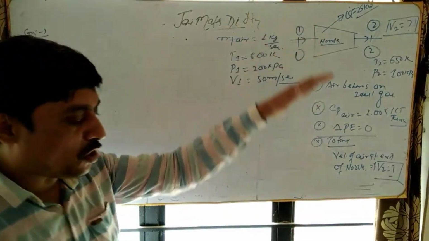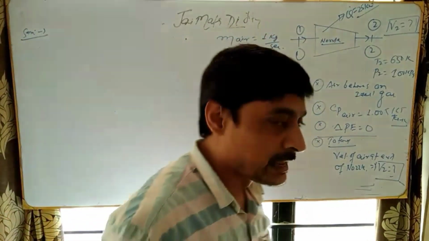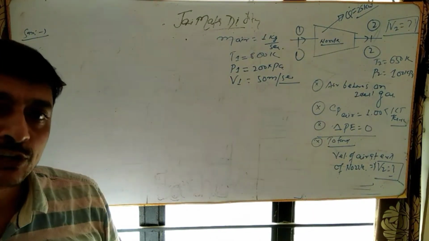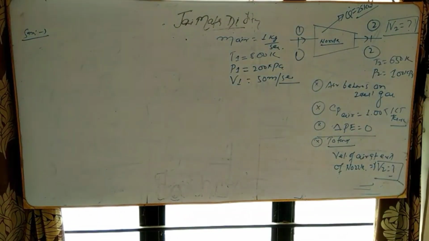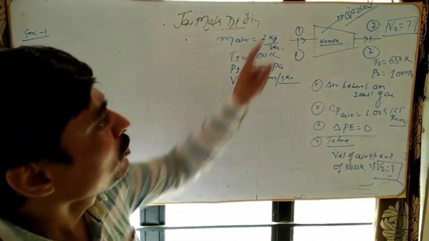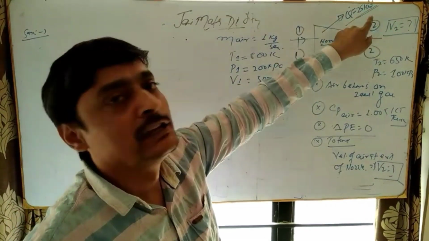So, first of all, observe carefully, and we have to pick one equation because we have derived three different steady flow energy equations. So, pick one. There are three equations. If you look very carefully, this amount of heat rejected from the nozzle to surrounding is 25 kilowatt.